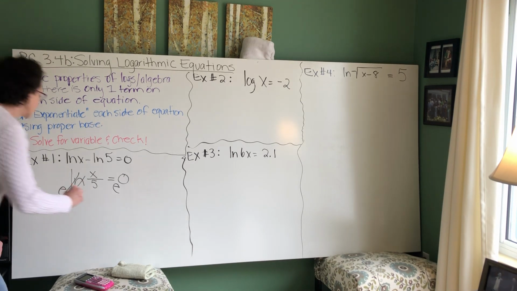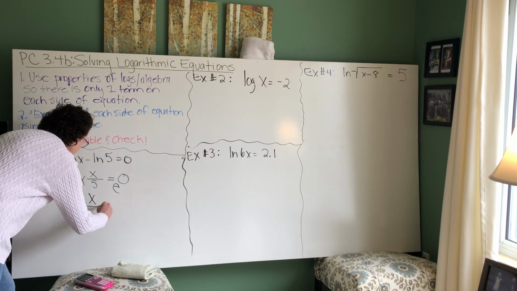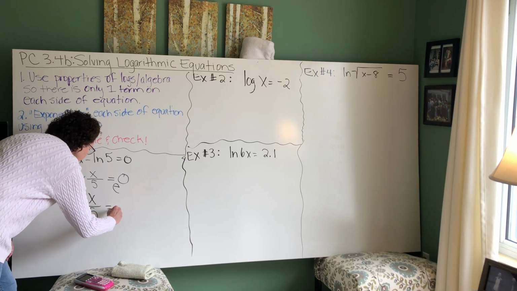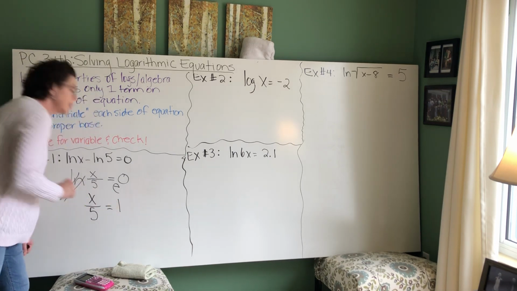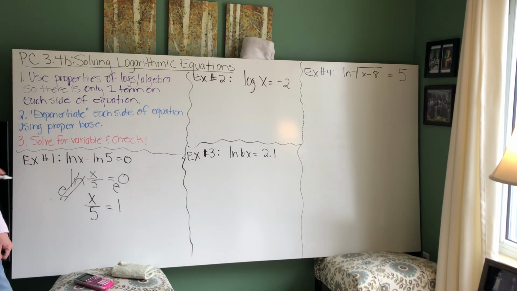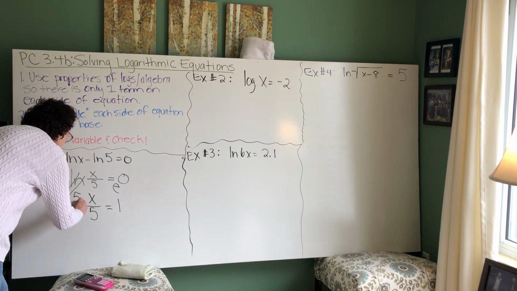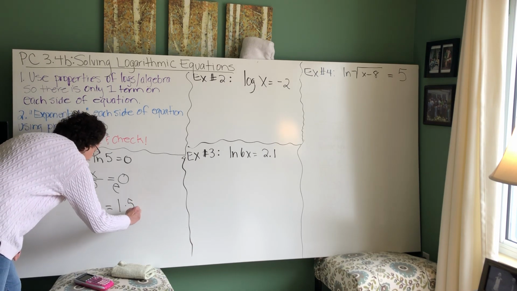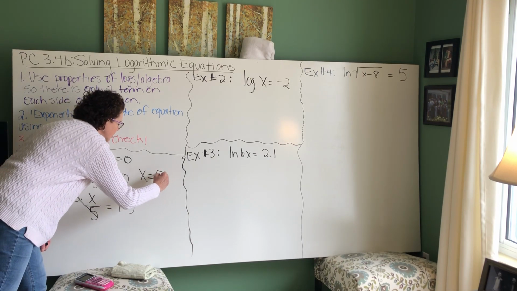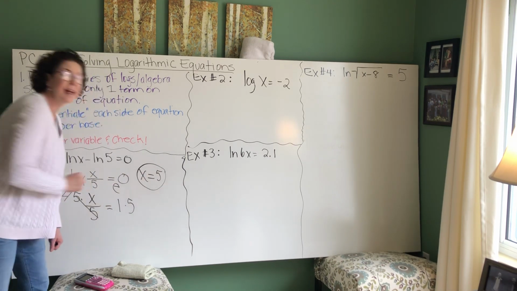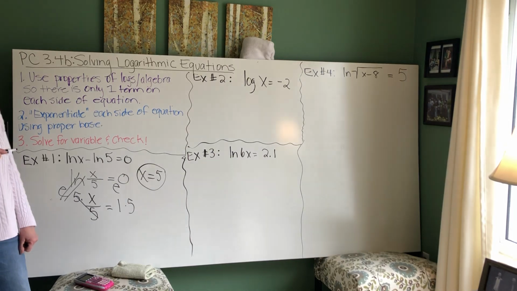And we have x divided by 5 equals e to the 0, you know, is 1. We're going to multiply both sides of the equation by 5. And of course, we get the answer that we knew was going to show up.